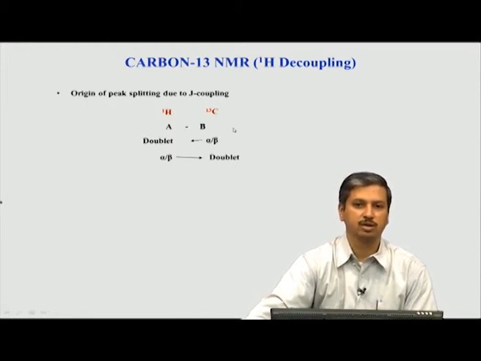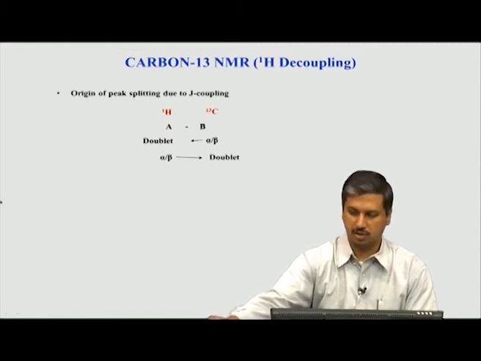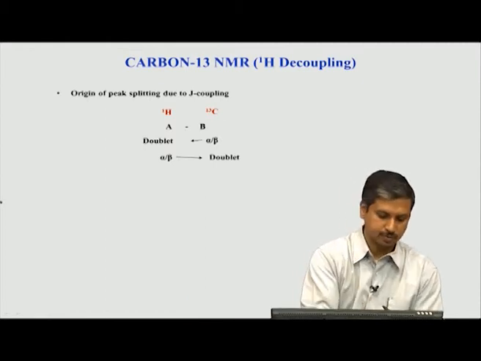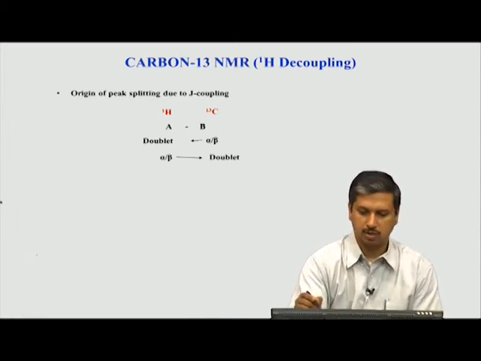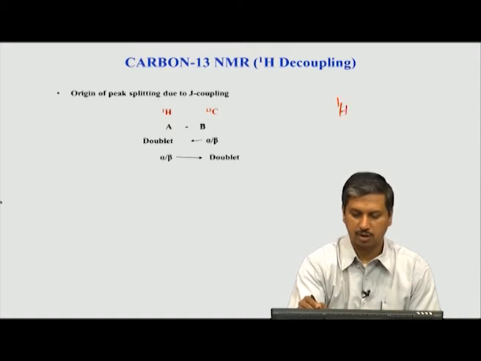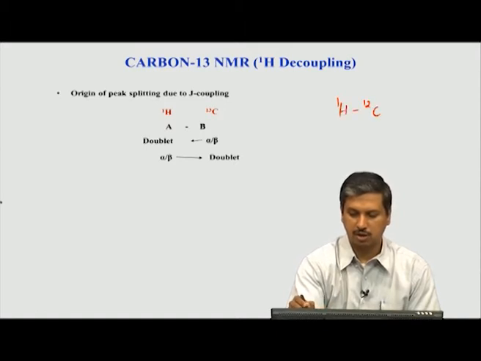But what happens most of the time is this hydrogen is attached to C12, because remember the natural abundance of C12 is 99%. So, a proton is attached to C12 99% of the time.